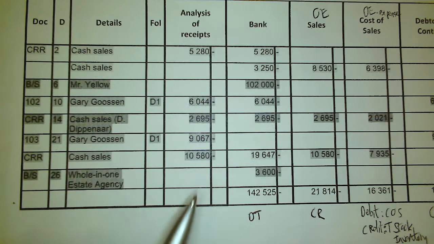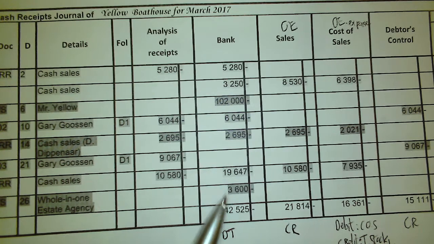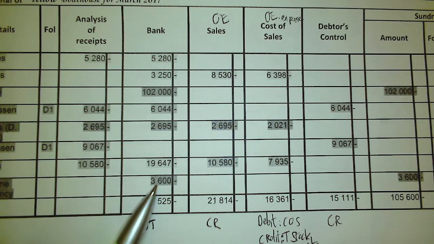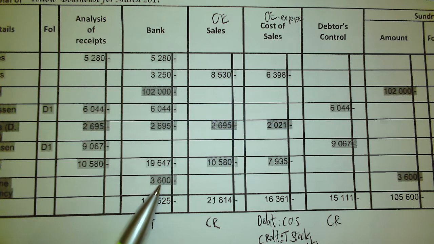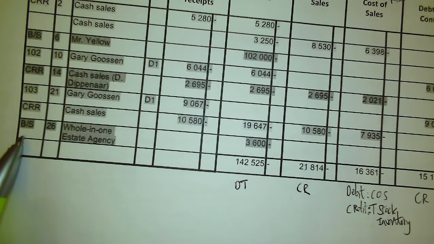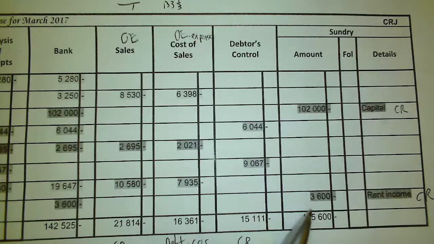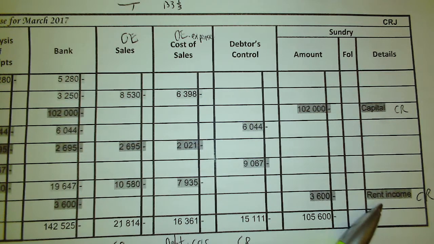Okay, we didn't handle the cash, so nothing in analysis. We put it directly in the bank, we received it in the bank, and it's a bank statement because we received it directly. Okay, it was an EFT, and then we put it in the sundry accounts column, and it's rent income.